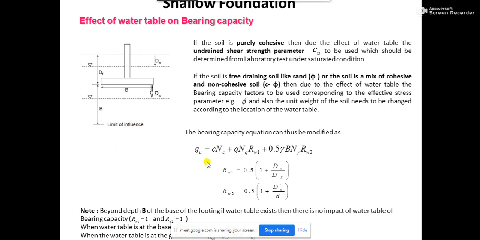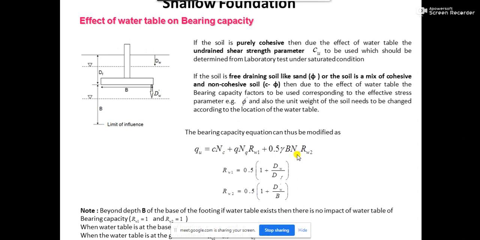It is the ultimate bearing capacity, which is nothing but cNc, then qNq, and then 0.5 gamma B N gamma. So what is q? q is nothing but gamma D Nq. So gamma D is the effective unit weight, the effective stress of the soil. And 0.5 gamma B N gamma.